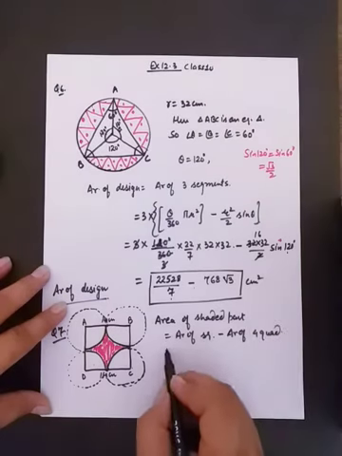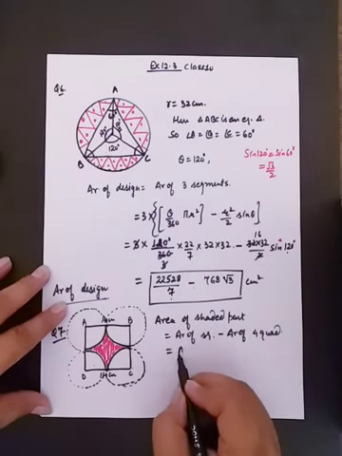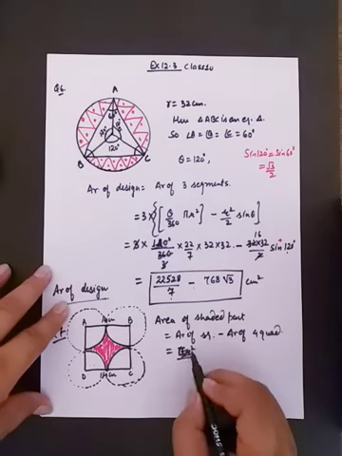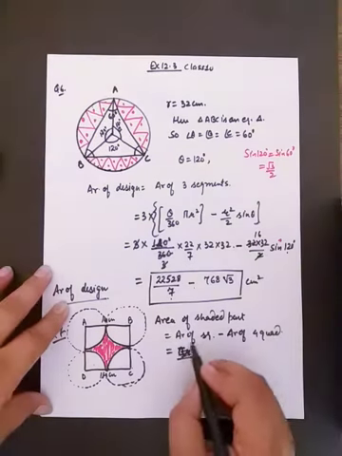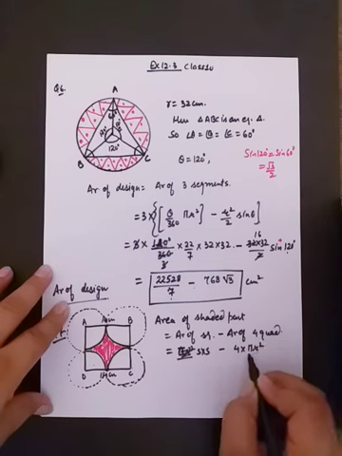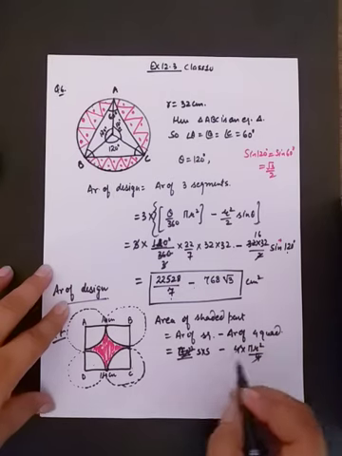As the quadrants are of the same size, they will form a complete circle. The area of the square is side into side minus 4 into pi r square by 4, and the 4 will cancel.